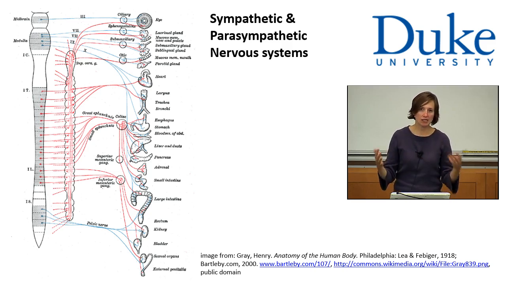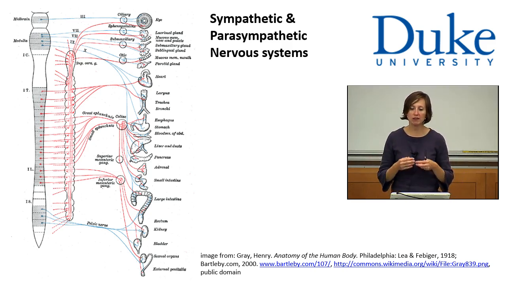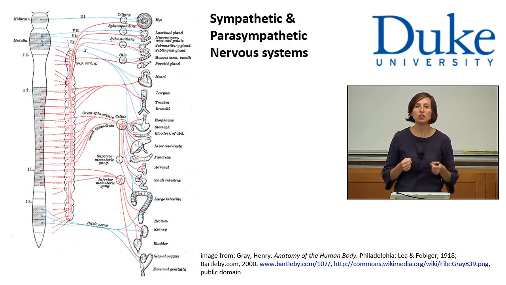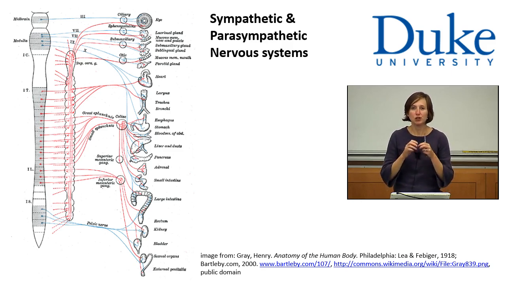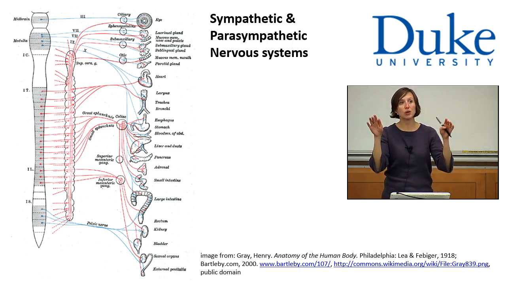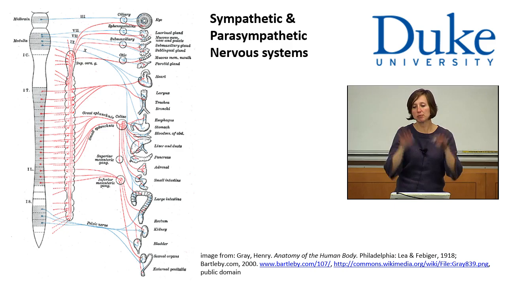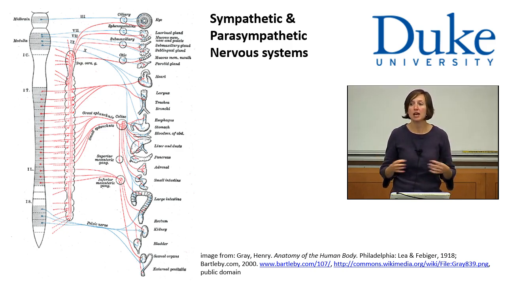So you probably know that the sympathetic nervous system, we think of it being more active when you're doing fight or flight, when you are running from a bear and you're super afraid, and so you're going to increase your heart rate and do all sorts of things that are going to help you get away from that bear, and then you're going to shut down or suppress systems like the digestive tract that are not helping you get away from the bear, so that you can conserve your resources and use all of them to try to get away from the situation.